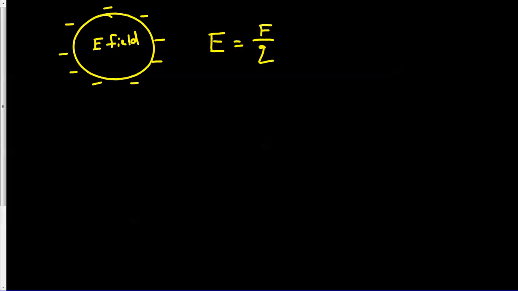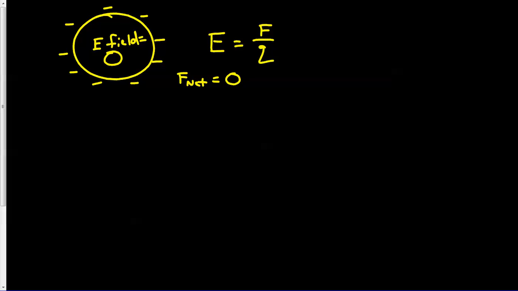And if they don't move, then that means that the F net is 0 on those electrons. And if the F net is 0, then the electric field inside of that object is 0. So what we end up seeing is that since the charges move around initially, some short time later, the electric field inside a conductor is going to be 0.